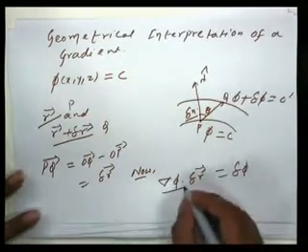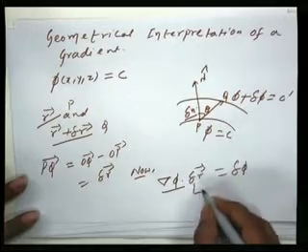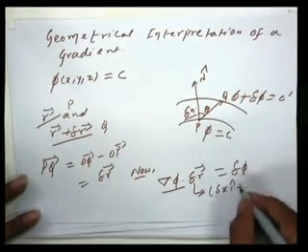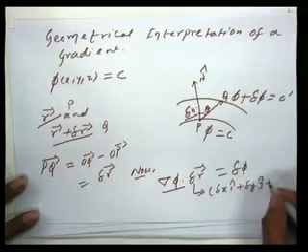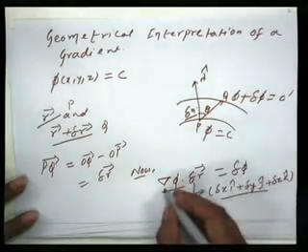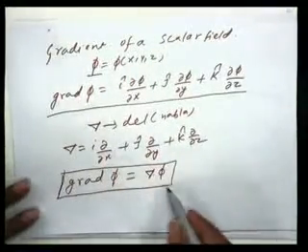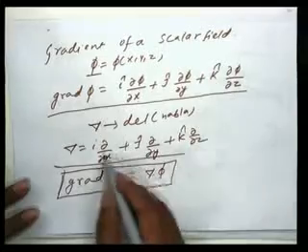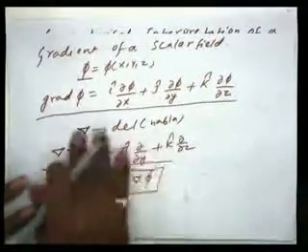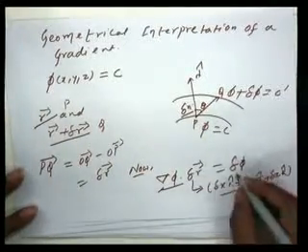The gradient has components del x i cap plus del y j cap plus del z k cap. If you multiply this with delta r, applying it to phi, ultimately you get del phi.